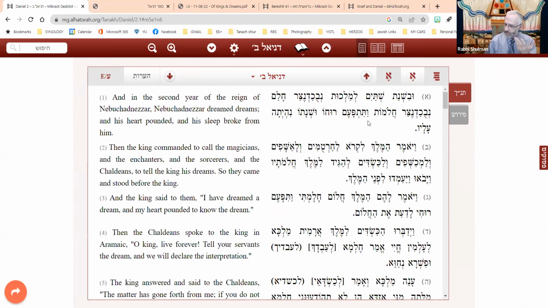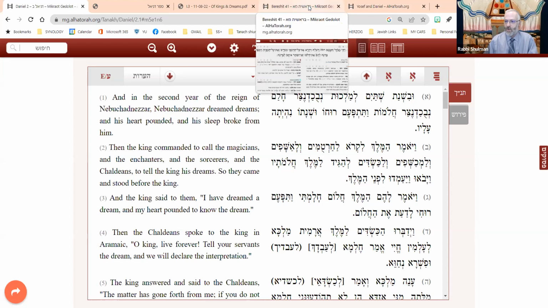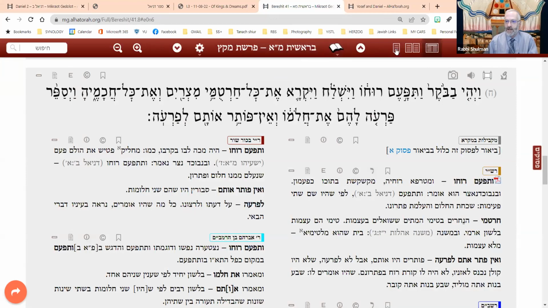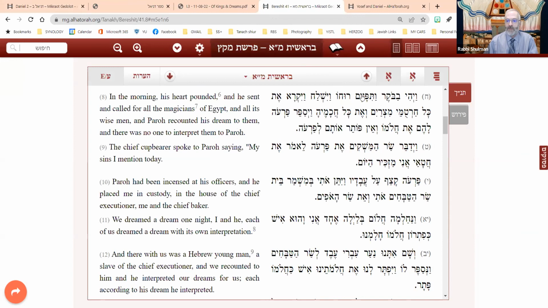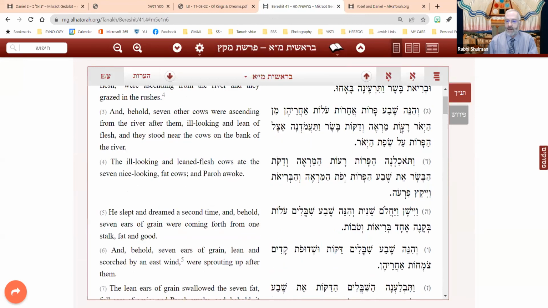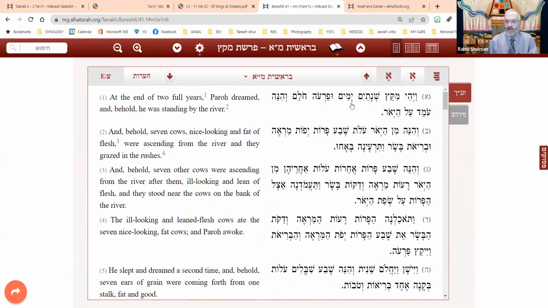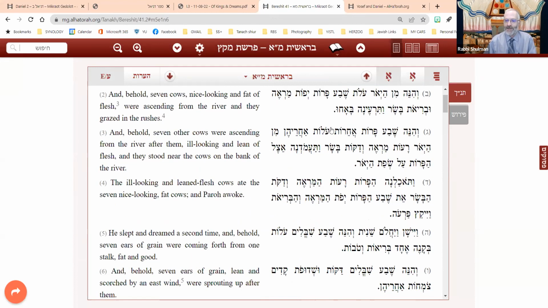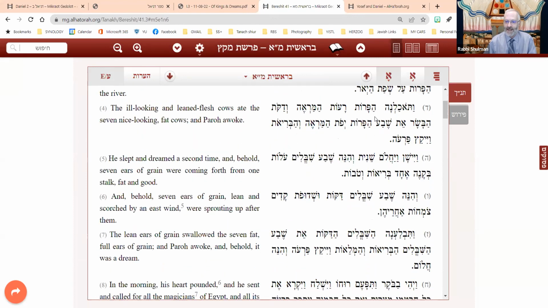If we haven't heard it recently, we're about to hear it in a couple of weeks. It's exactly the same language that we find in the story of Yosef, when Paro's dreams begin, and here is Breshit Mem Aleph, and Paro has a dream. There's also a time frame here. It's an interesting issue. After 2 years, our story is also the second year of Nebuchadnezzar. I hadn't really thought much about that, but that's just an aside.